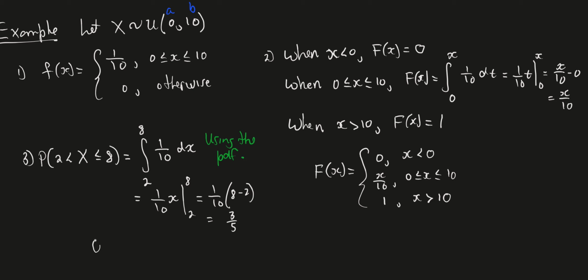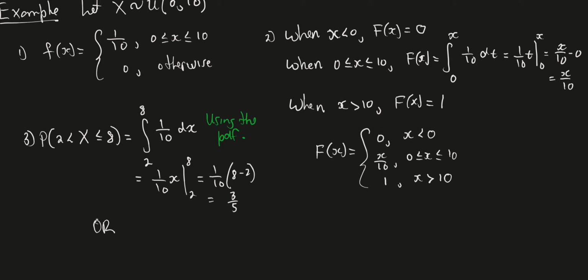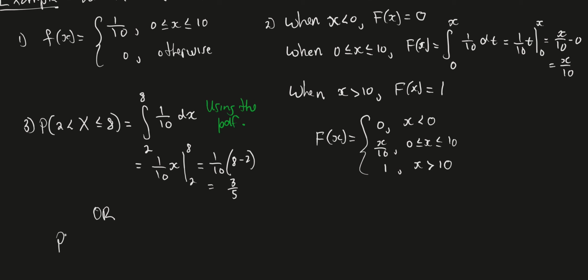Or here's the alternative way. If we're using the CDF, then to compute this probability, I'll restate it, the probability that 2 is less than x, which is in turn less than or equal to 8, well, let me write it out this way. This would be the probability that x is less than or equal to 8, but then minus the probability that x is less than or equal to 2, right?